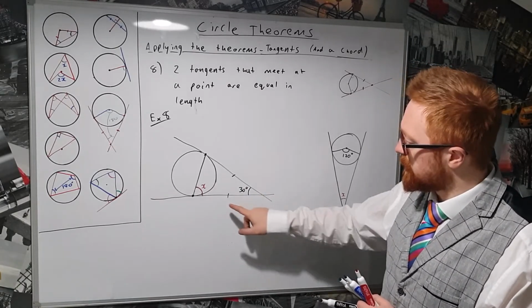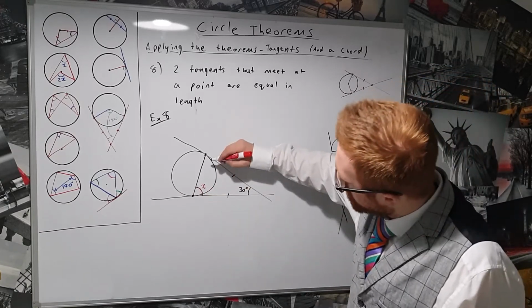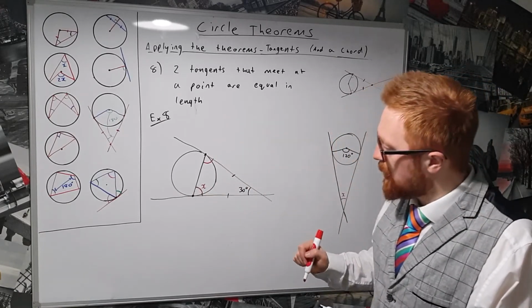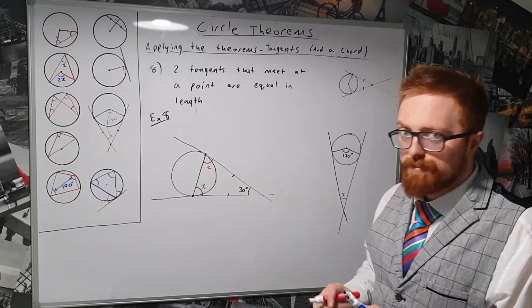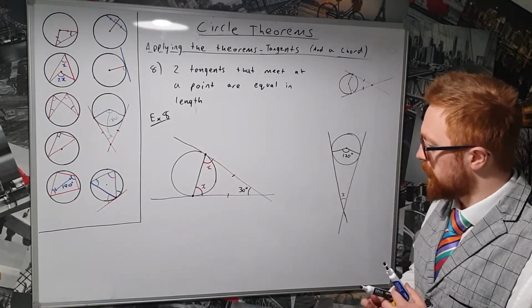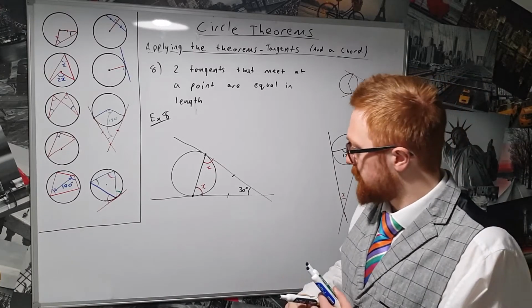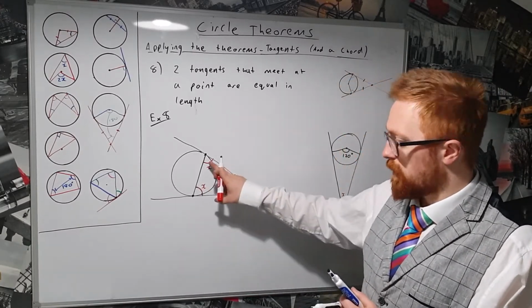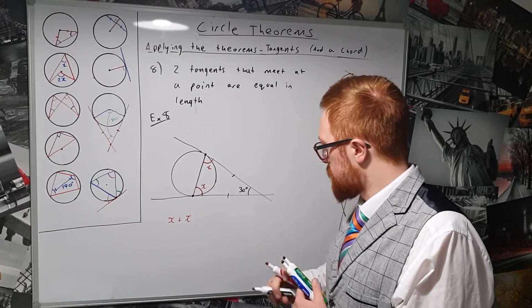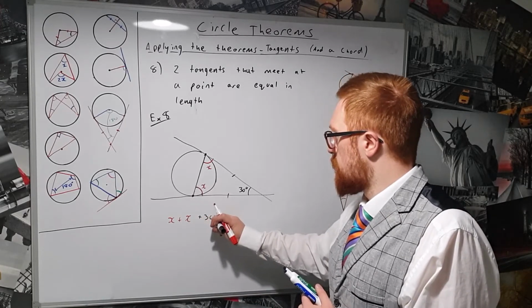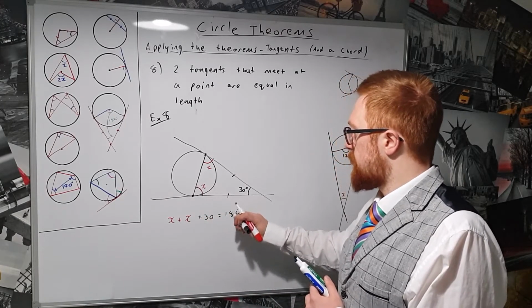And now we know that in an isosceles triangle, this angle and this angle have to be the same. So if this is the same as this, we can call this x, which now means that these three angles have to add up to 180 degrees. I've got x plus x plus this 30 adding up to 180.